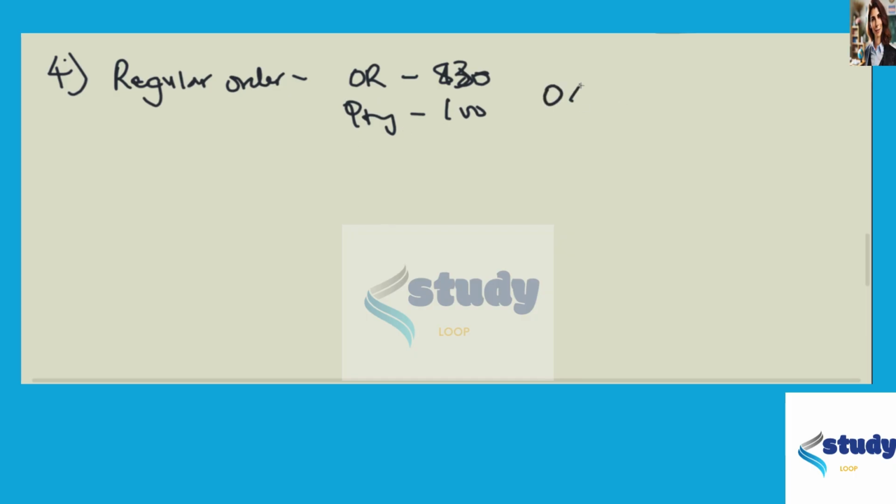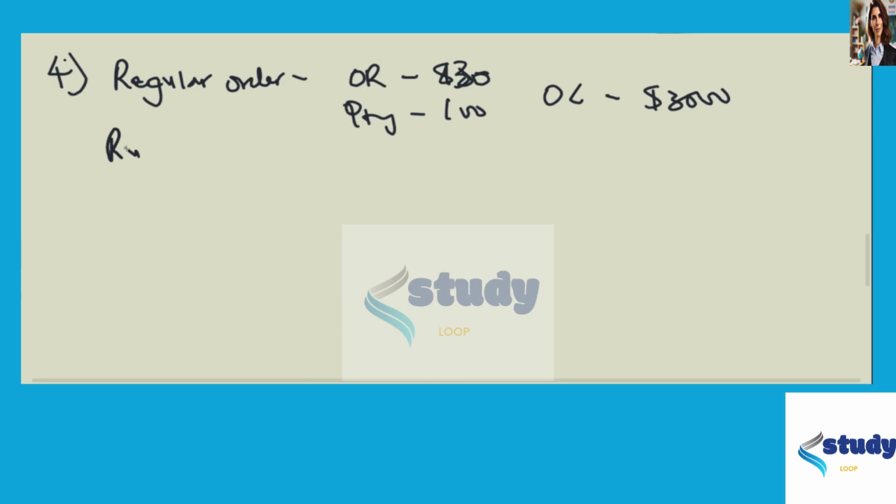For customer 4, we have regular order, and the overhead rate is $30. The total quantity is 100, and the overhead cost allocated is 3,000.